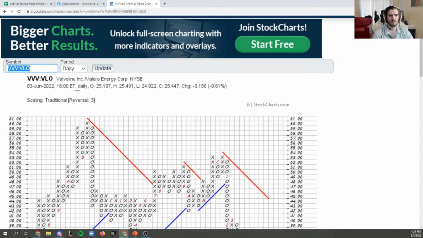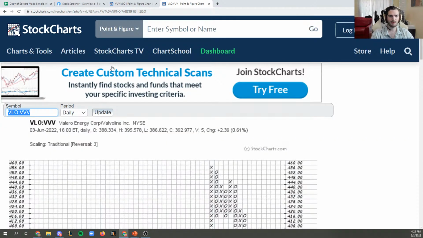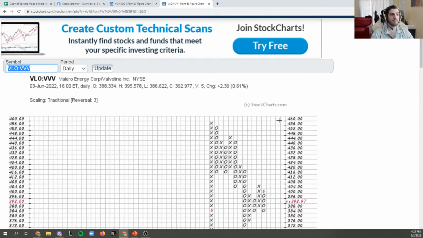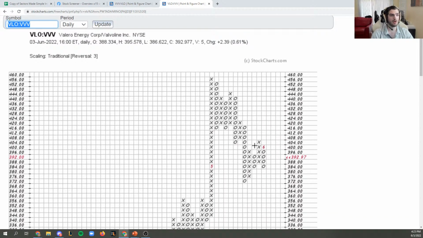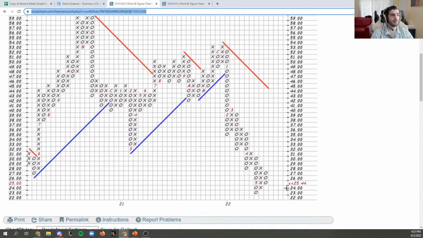Now we're getting somewhere. Because in the previous chart, let's just really quickly throw this up here. When we were looking at Valero compared to Valvoline, it was in a long-term positive trend. Valvoline compared to Valero, negative long-term trend.